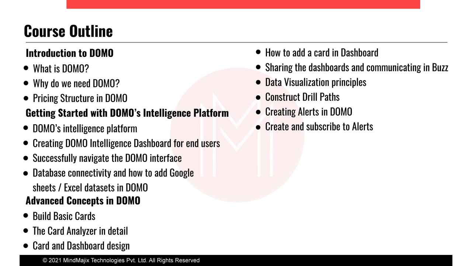So here again we'll work on a data set, a case study where we'll specifically work on email marketing or a marketing automation dashboard, where we'll show different KPIs like how many emails did we send, how many were getting delivered, and so on, right?